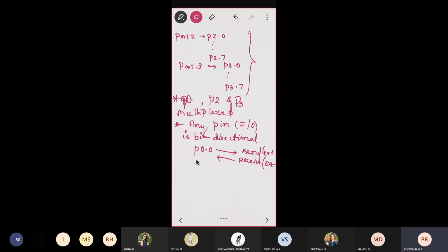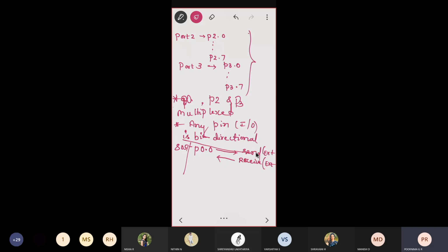So through any of these pins, the 8051 is able to take data as well as send data. Hence, they are termed bidirectional pins.